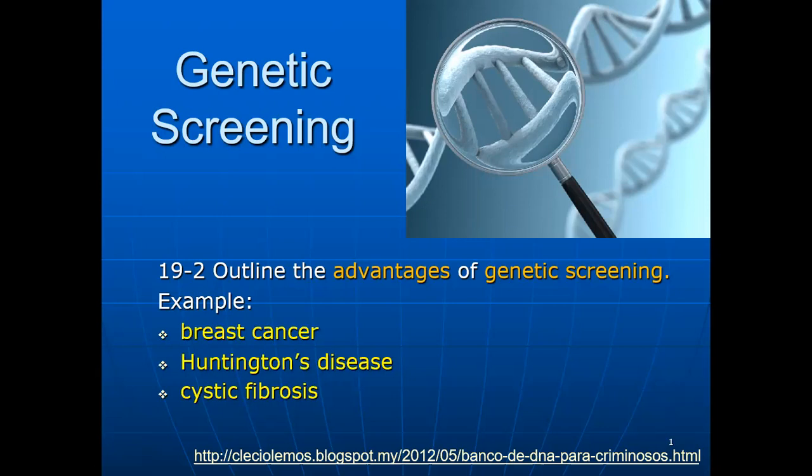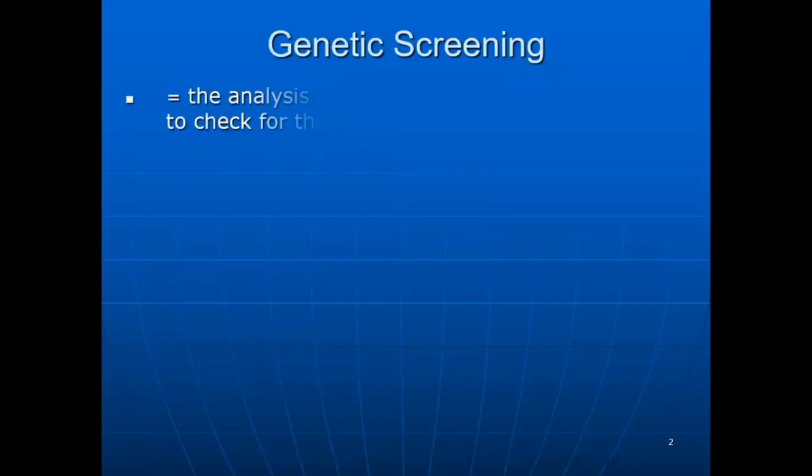So we can use the probe that can detect the mutant allele that results in these diseases to find out the chances of the person getting the disease before the onset of the disease, so they can do something before that. So prevention is better than cure, or preparation is better than being suddenly struck with that disease.